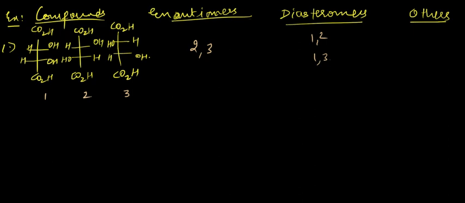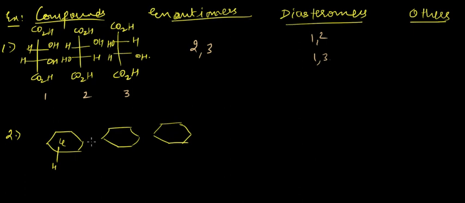We have F, Cl, Br, I, we have Br, F, I, Cl, and we have I, Cl, Br, F. Okay, so let us mark these compounds as 7, 8, 9.